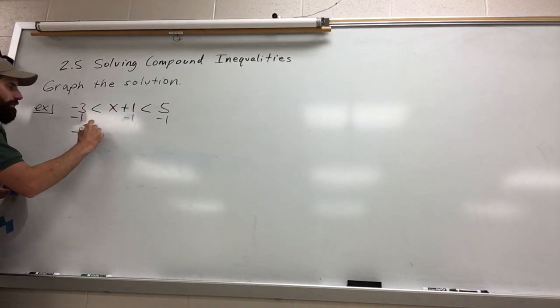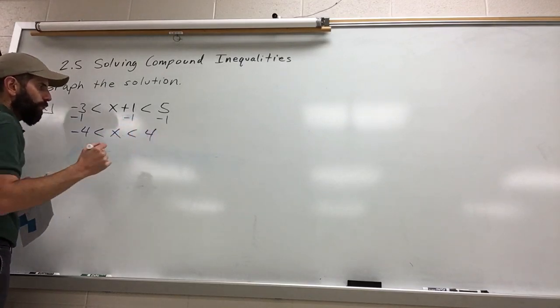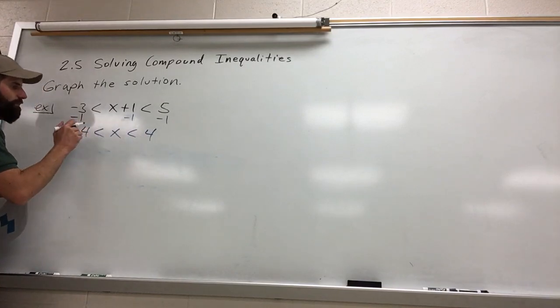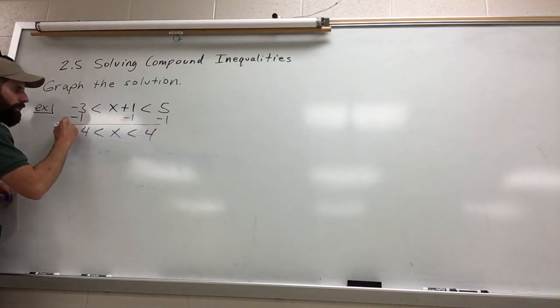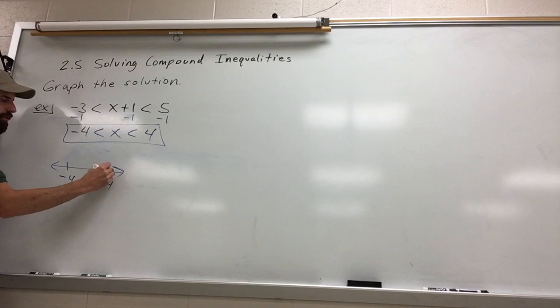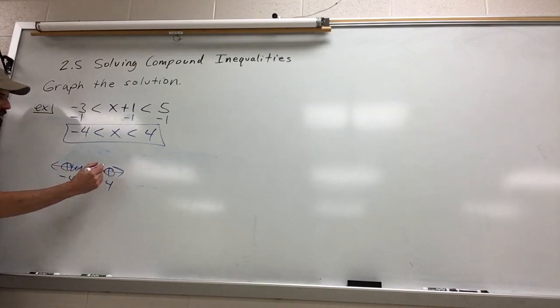So we get -4 < x < 4. And remember, this actually says x is between -4 and 4. And when we go to graph this, -4, 4, circle, circle, shading in between.